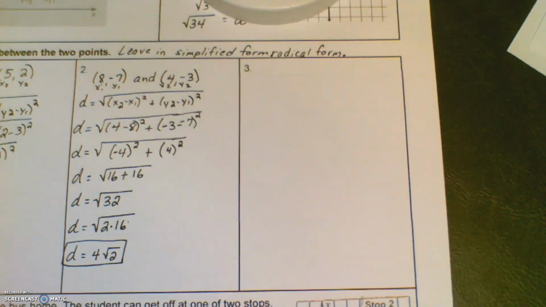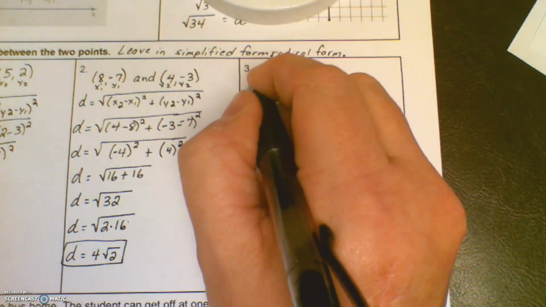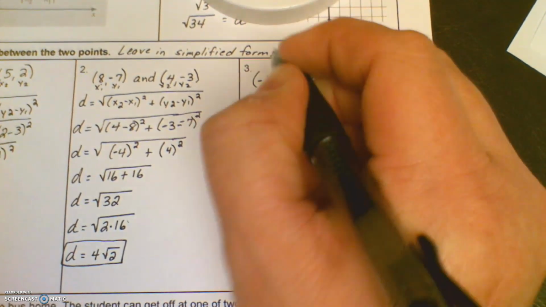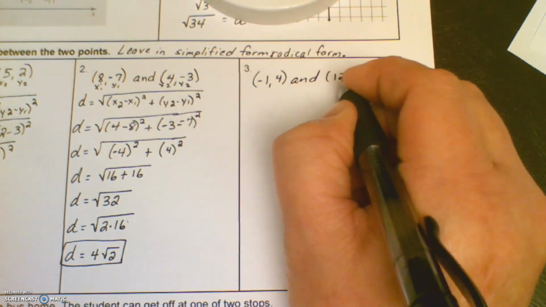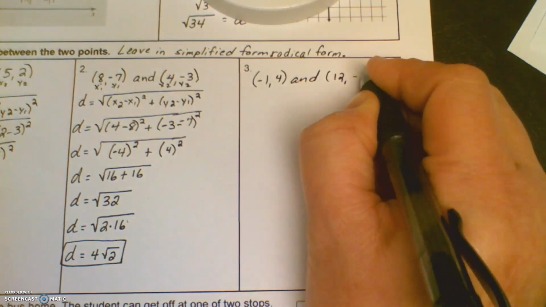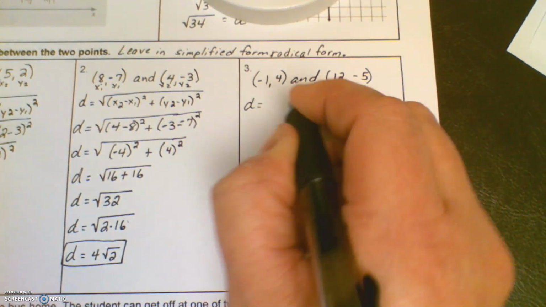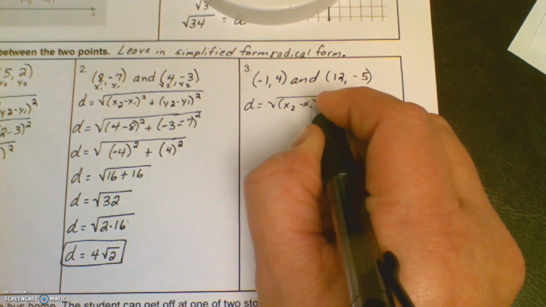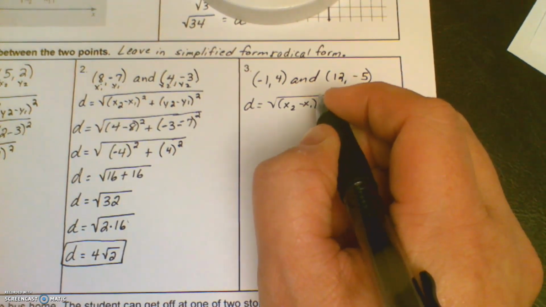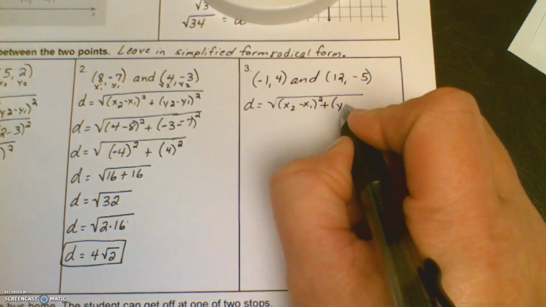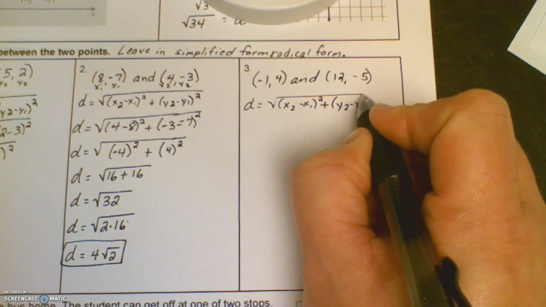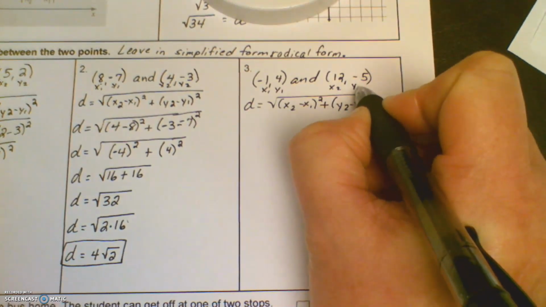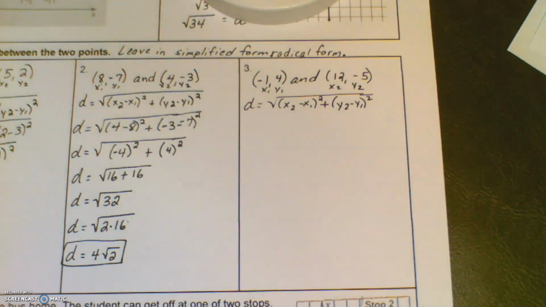One more using the distance formula. Let's use the ordered pair negative 1, 4, and the ordered pair 12, negative 5. Label your ordered pairs and plug these in.